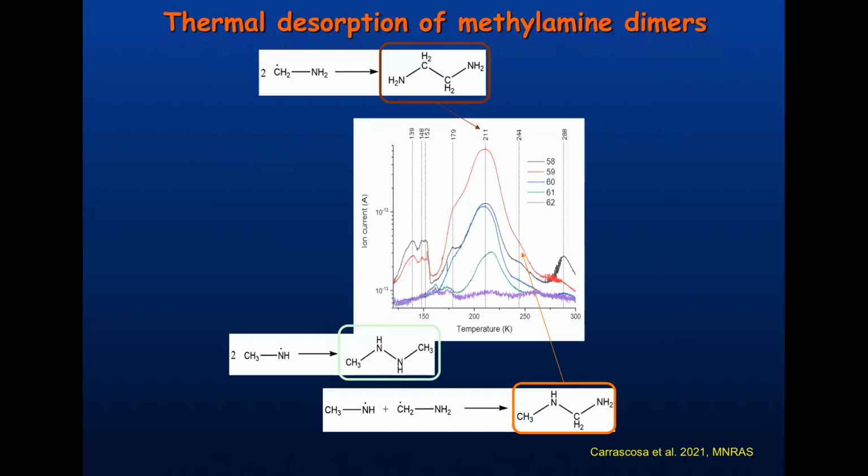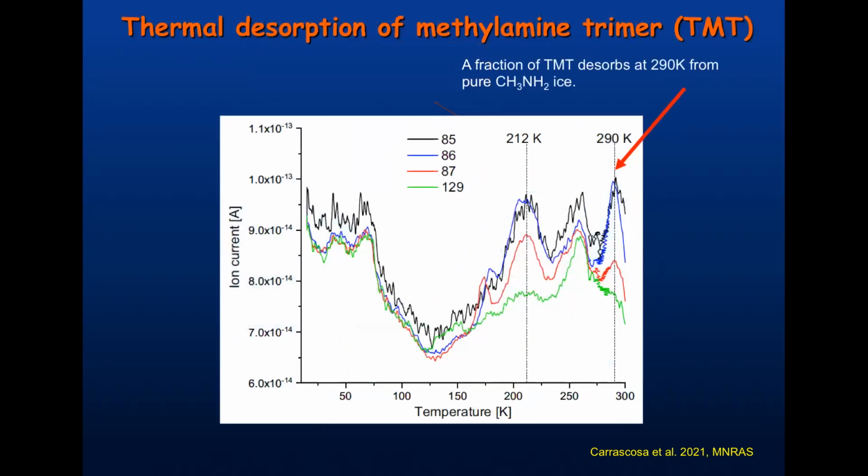And these are some of the results. You can see that after warm-up of the irradiated methylamine ice, you see the dimers formation, so that is very nice. In particular, the one with the orange frame at the bottom is the dimer that you require to form TMT. So you could see the desorption of some of these dimers during the warm-up of the irradiated ice. And you could also see the desorption close to room temperature, 290 K, of the TMT itself.